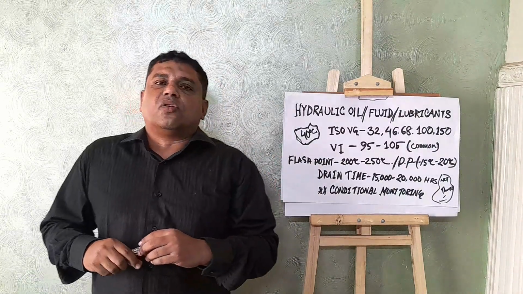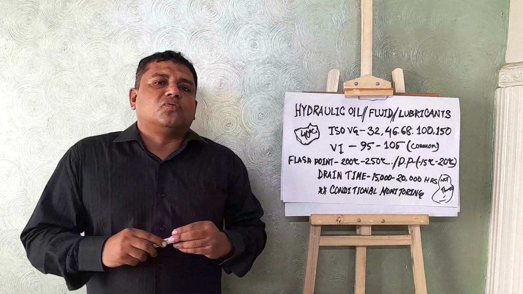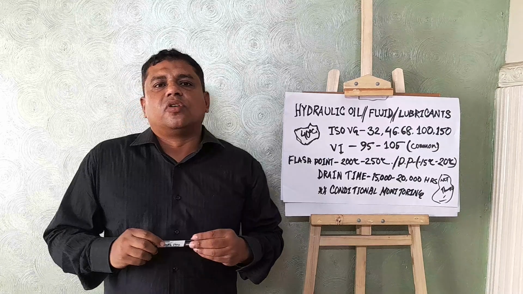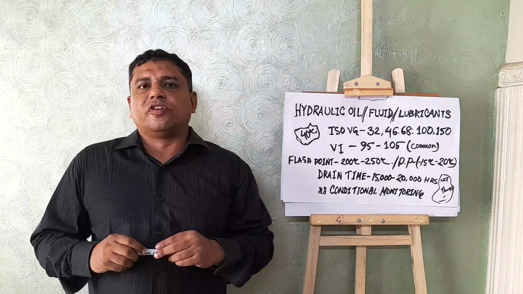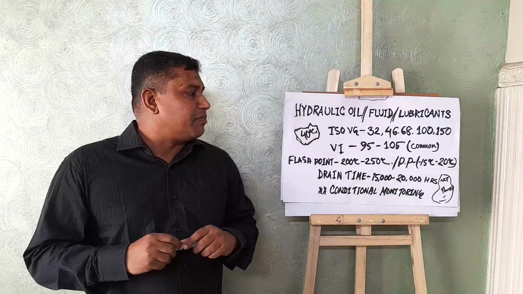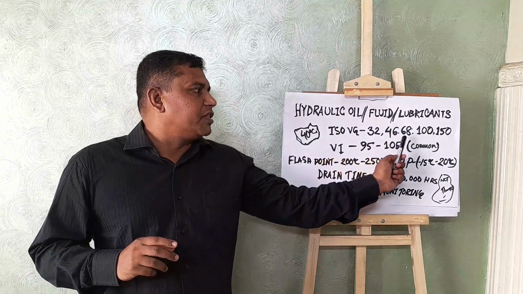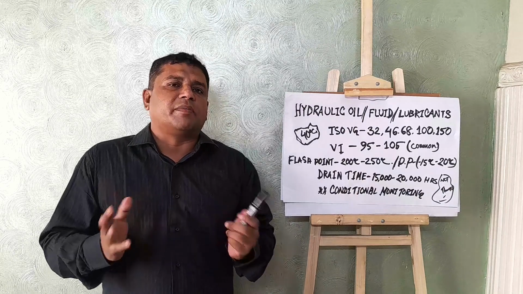So when you go to select a perfect hydraulic oil, at first you will go through the product manual of your hydraulic machinery, where some grade is mentioned, like ISO VG 32, 46, 68, 100, 220, whatever it is.